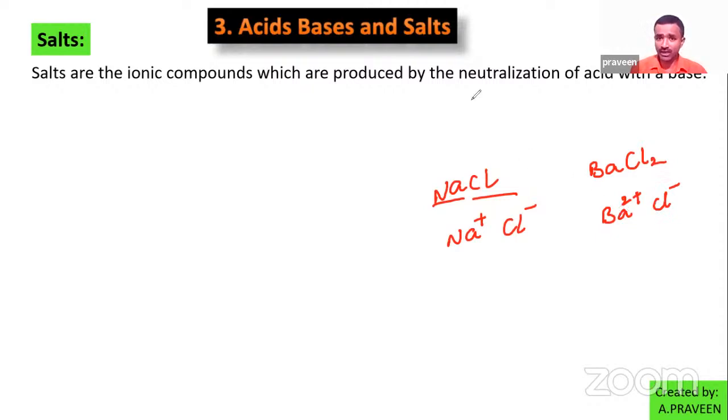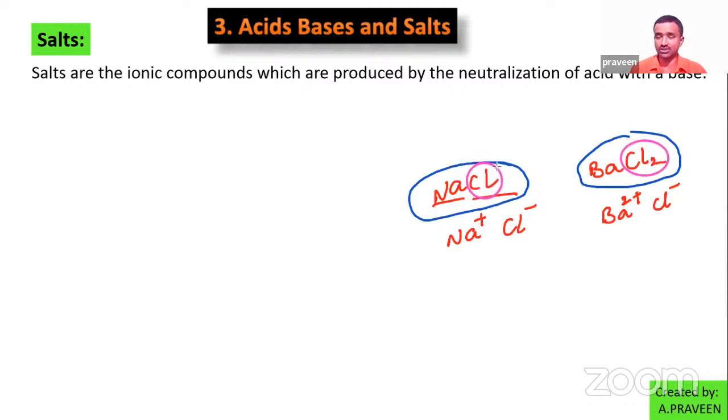If you look only at the composition of the salts, chlorine is observed as common in both salts. It may be with any subscript, or you may observe it as a common ion.